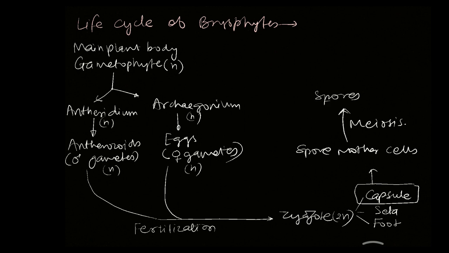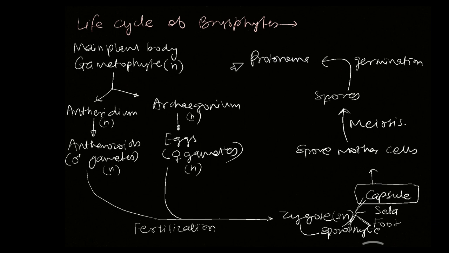This zygote is converted into the sporophyte, made up of foot, seta, and capsule, and these spores after germination form a protonema, and after the development of this protonema the main plant body, the gametophyte, is formed. So this is the life cycle of a bryophyte.